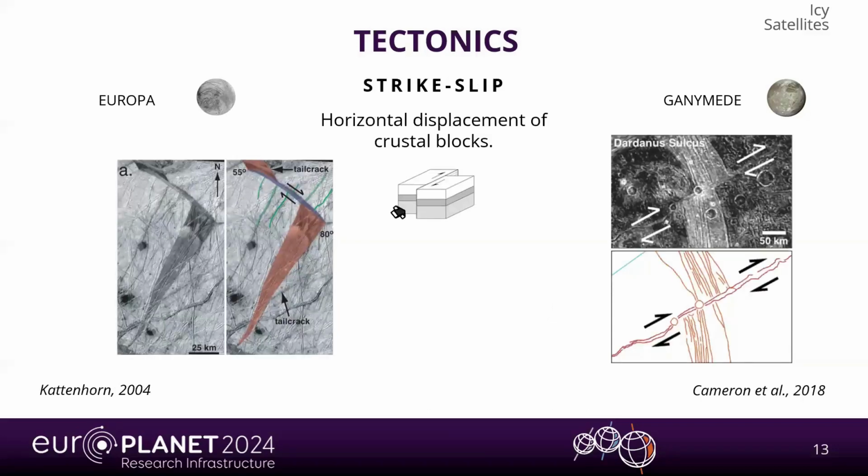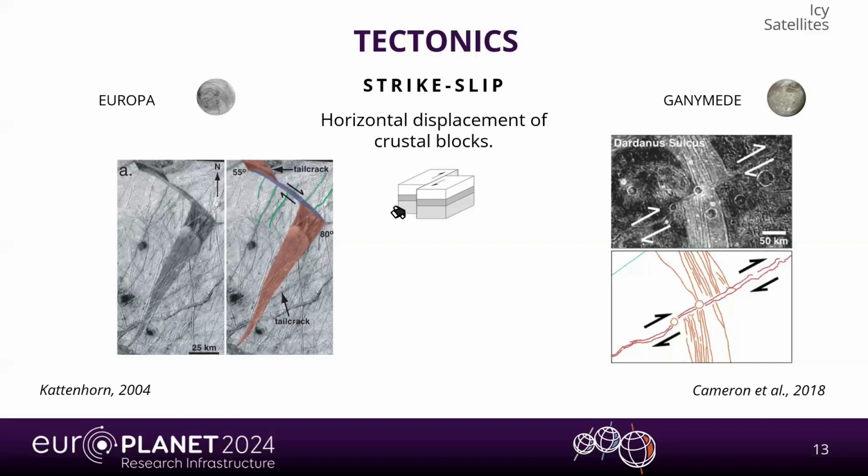And together with extension, strike-slip is also ubiquitous and dominates the tectonics of icy satellite surfaces. Strike-slip is the horizontal shift and displacement of crustal blocks. Here, these two examples are also two of many examples of strike-slip on icy satellites.